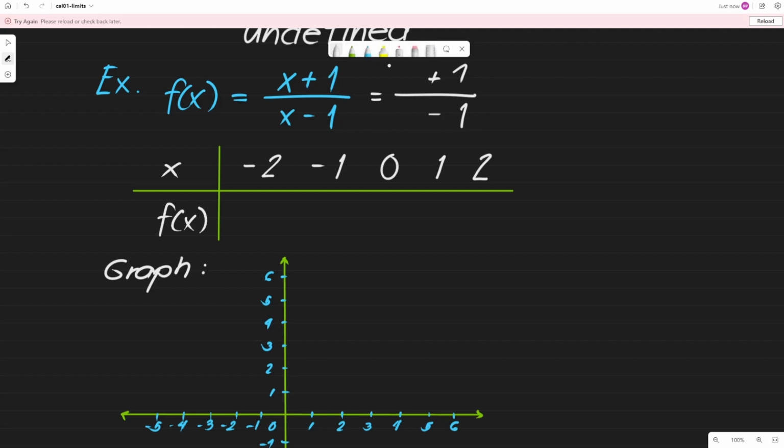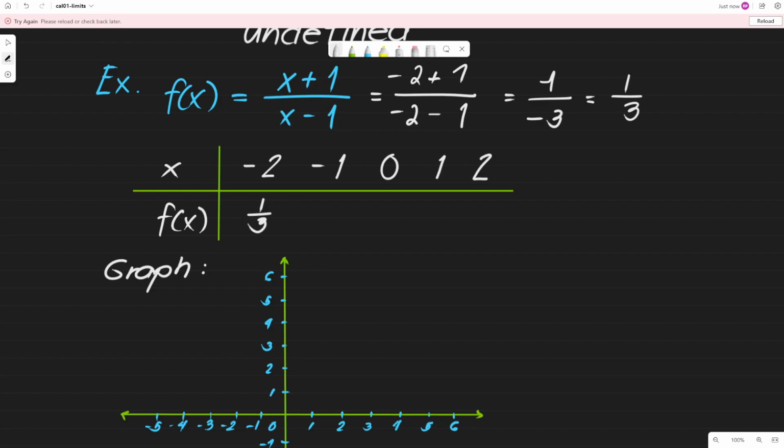So if we have negative 2, this will give us negative 2 plus 1 is equal to negative 1, over negative 2 minus 1 is negative 3. Hence, the value of the function when x is equal to negative 2 is positive 1/3. So 1/3 is what we will put.